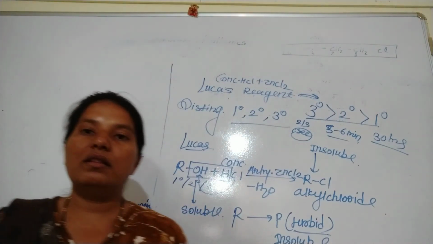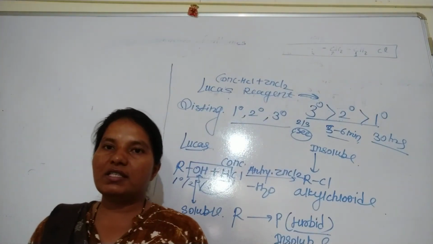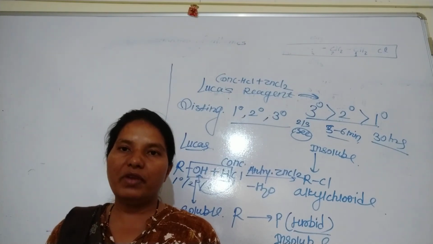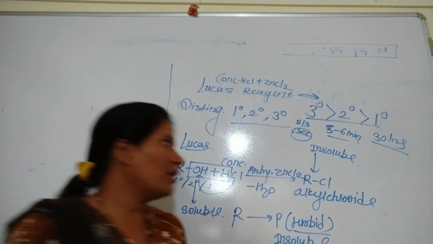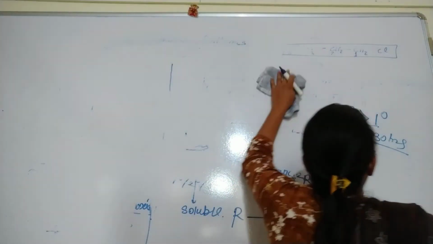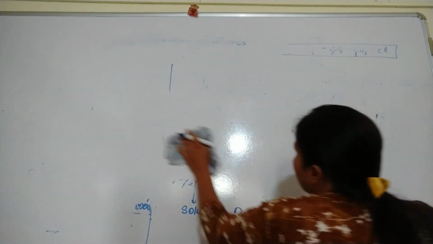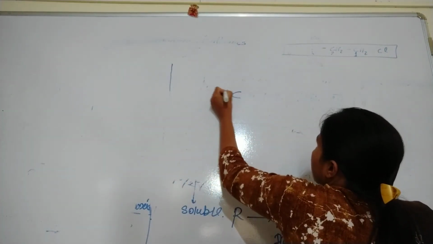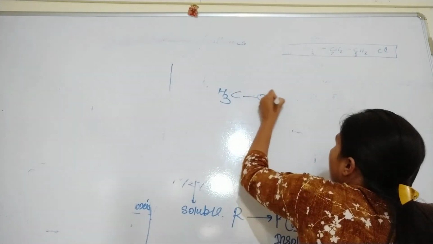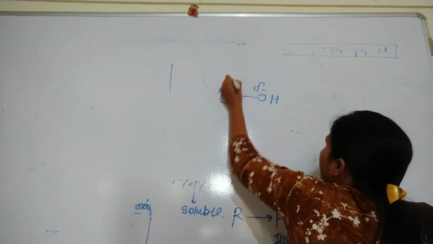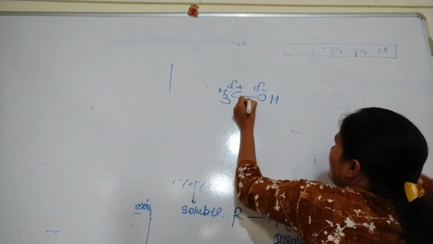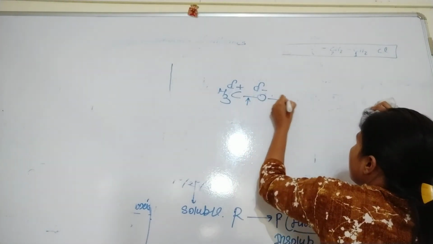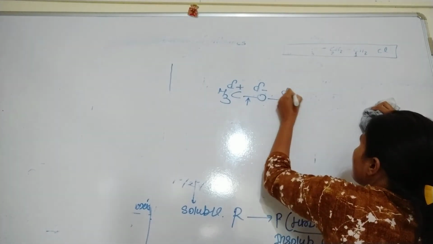In the next video we will discuss reactions involving cleavage of the OH bond. Basically, you know that in alcohol there are two polar bonds. Take CH3OH: the oxygen is negative and the carbon is positive. This bond is polar, and the bond between oxygen and hydrogen is also polar.